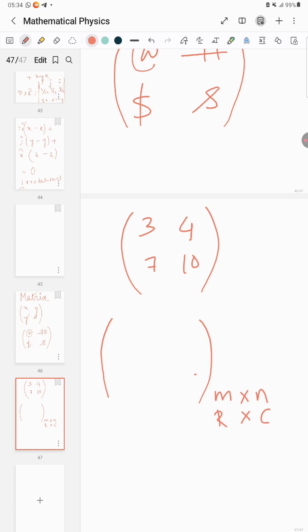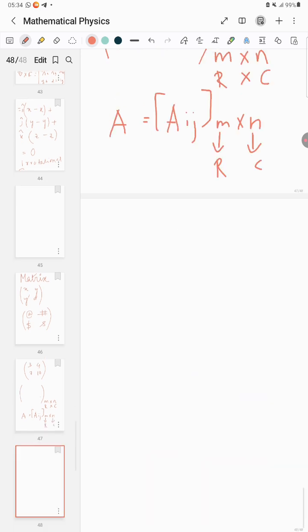Also, there's a particular way of representing the elements of a matrix. Elements are usually represented as A equals a_ij, m cross n. Again, m is the number of rows, n is the number of columns.